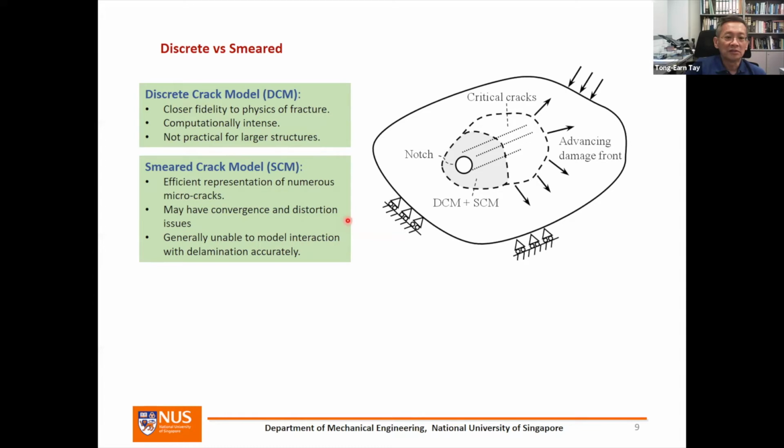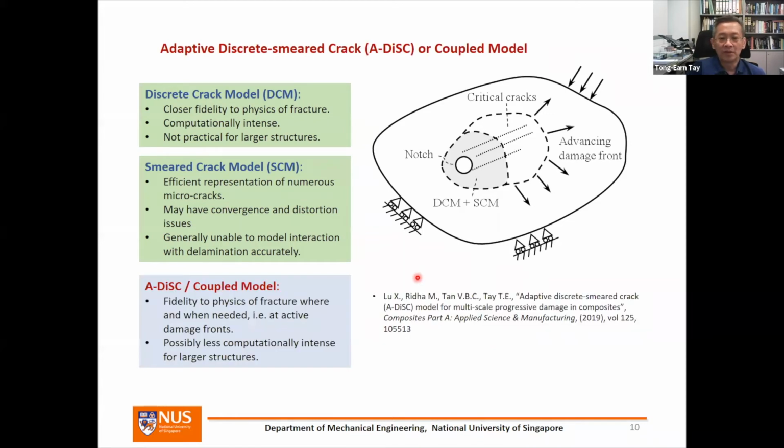First, it may have convergence issues, and then material stiffness softening can cause distortion of elements. Also, generally, they are unable to model the interaction between delamination and matrix cracks faithfully.